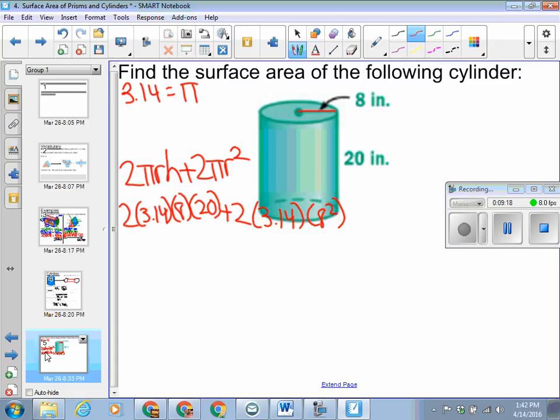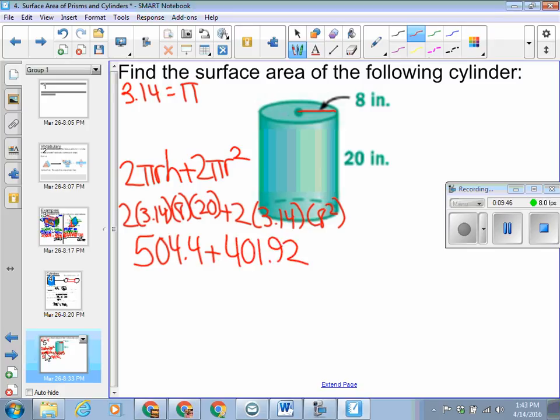Just plugging away. To save some time, I'm going to use my calculator to find all of this. The one part, 2 times 3.14 times 8 times 20, becomes 1004.8. Then the other part is 2 times 3.14 times 64, because 64 is 8 squared, which equals 401.92.